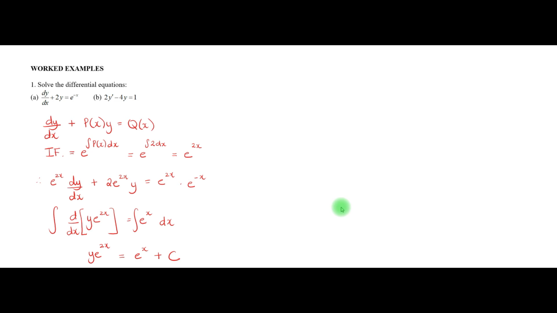Let's look at example B. Second example, this was A. All right, now the difference with this one is we are given 2 dy/dx, because that's what the y prime stands for. So 2 dy/dx minus 4y is equal to 1, which is not in the form that we need it.